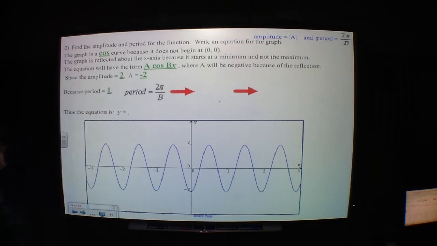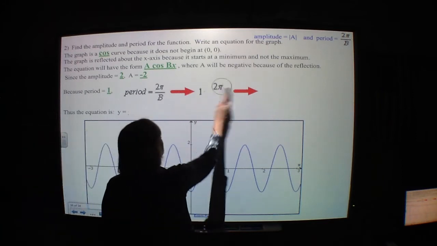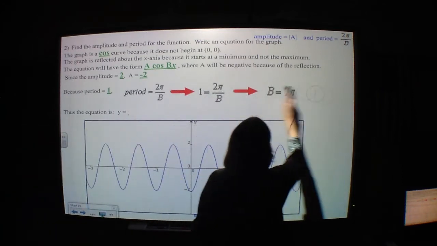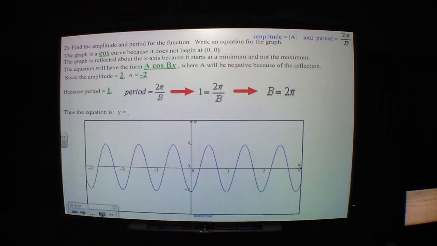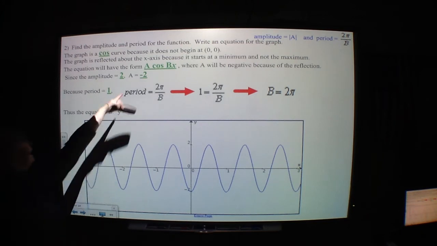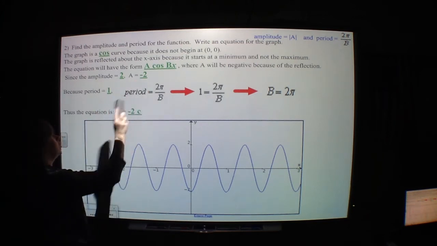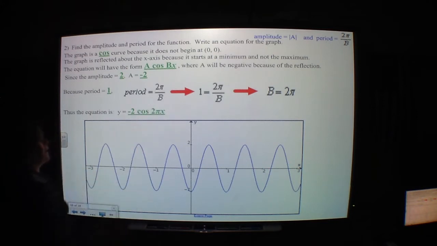Since the period's 1, you have 1 is equal to 2 pi over b, so b ends up to be 2 pi. So the equation is y is equal to A, which is negative 2, cosine of 2 pi x. And you're done.